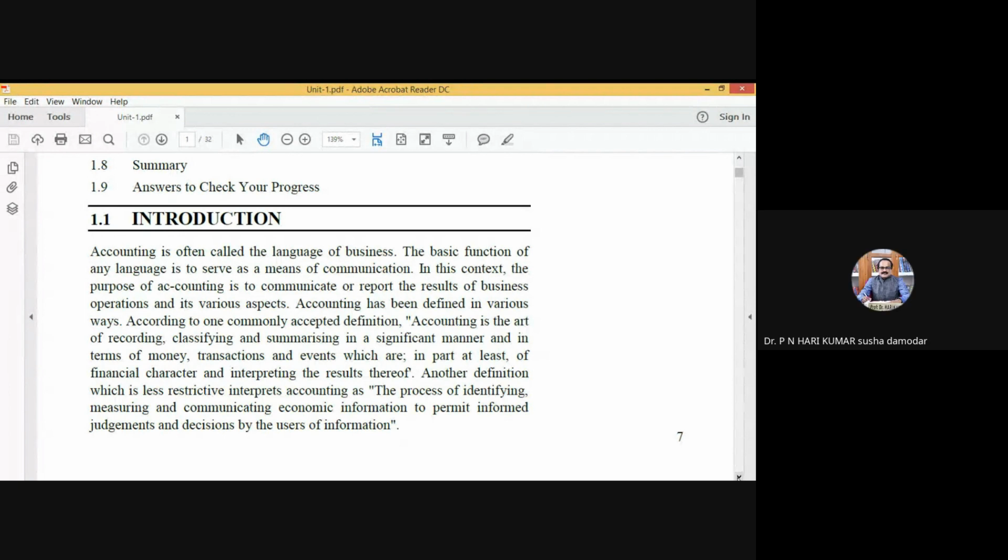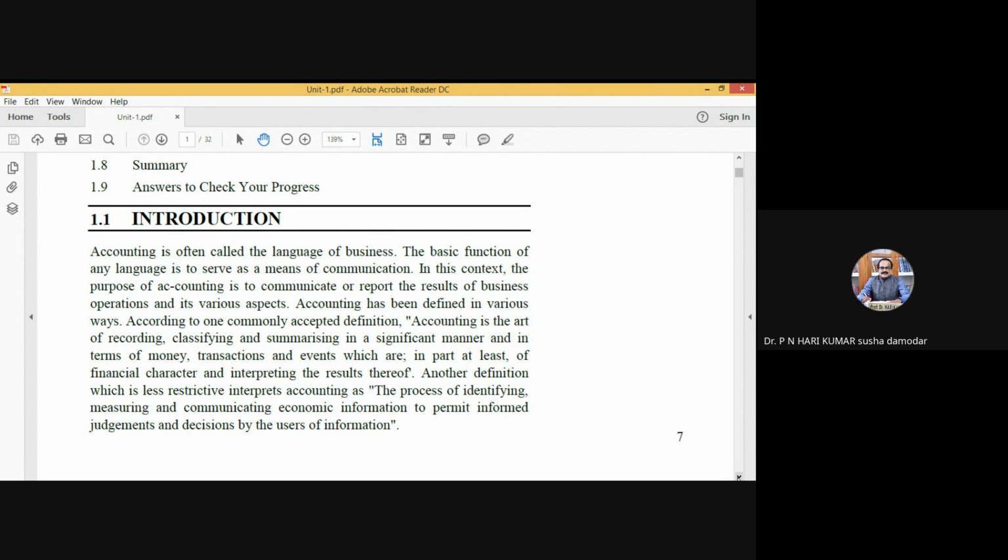Such a result shall be properly communicated. For that purpose, there is a language, and that language is called accounting. But the second definition is something different. The second definition relates to more managerial aspects.